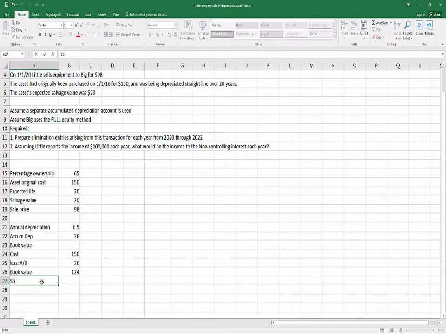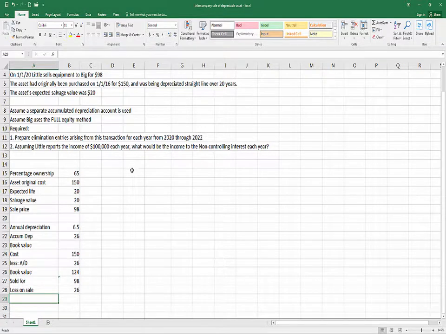This thing was sold for, let's see, selling price 98. And so it had a book value of 124, it was sold for 98, so obviously we're going to have a loss on sale of $26. Again, clearly if it's sold for less than book value, that implies a loss.